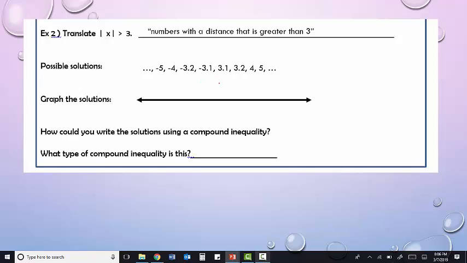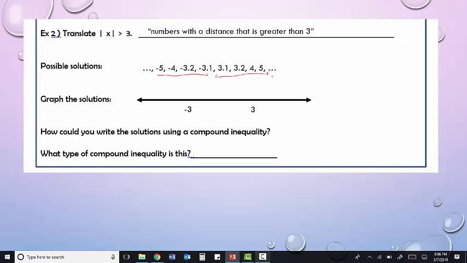So for example, negative 3.1, that's further than 3 from 0. Negative 3.2 is more, negative 4, negative 5, these are all more than 3 spaces from 0. The same with the positives, 3.1, 3.2, 4, 5, those are all further than 3 from 0.